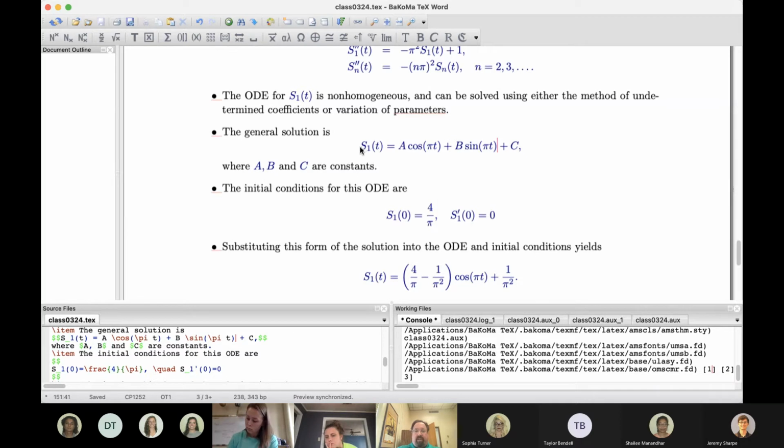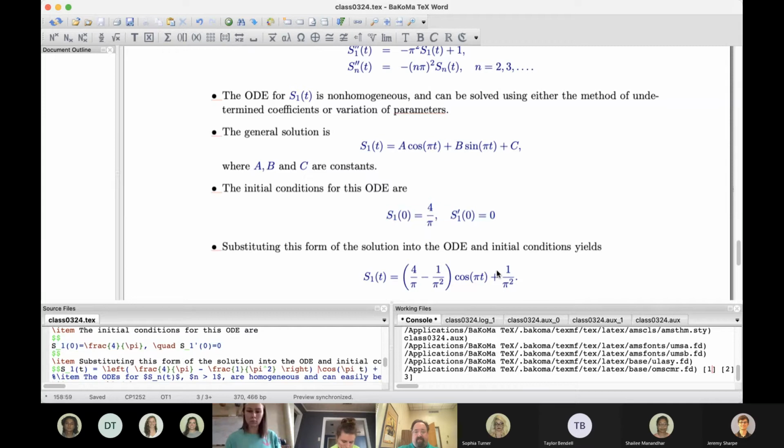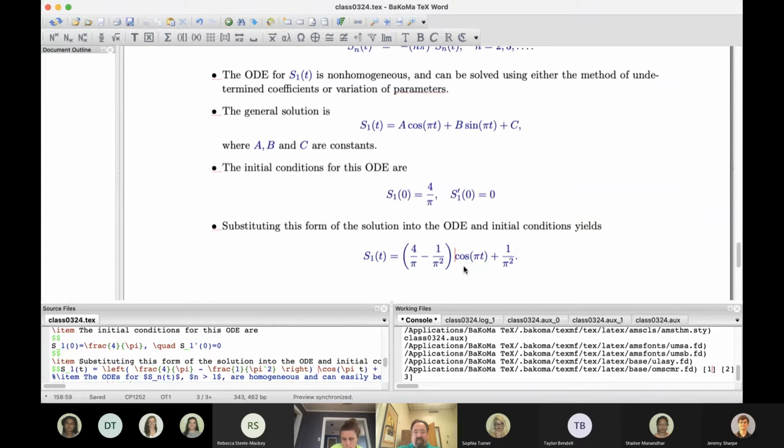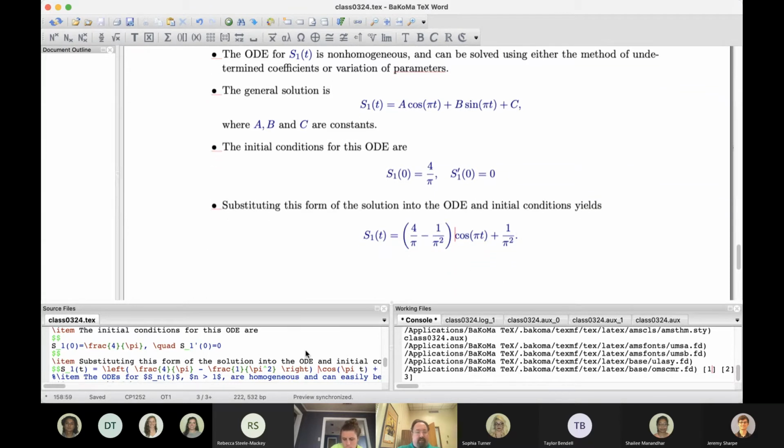If I set t equals 0 in here and the derivative and set them equal to these values and solve for a, b, and c, then this is what I get. That's my S1 of t.